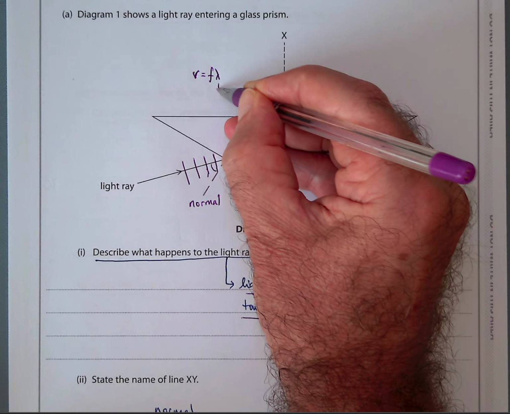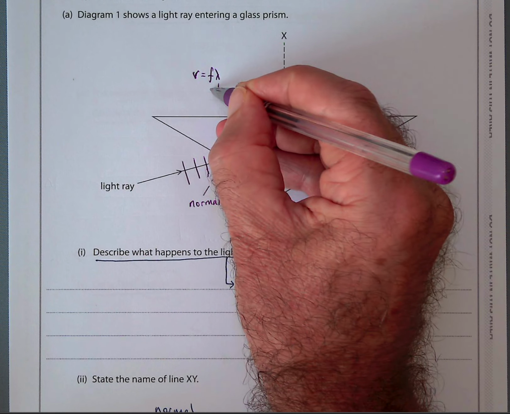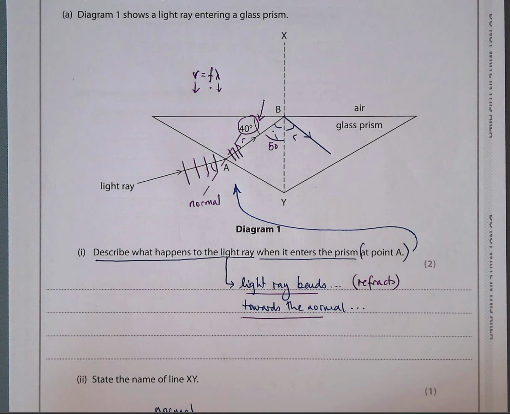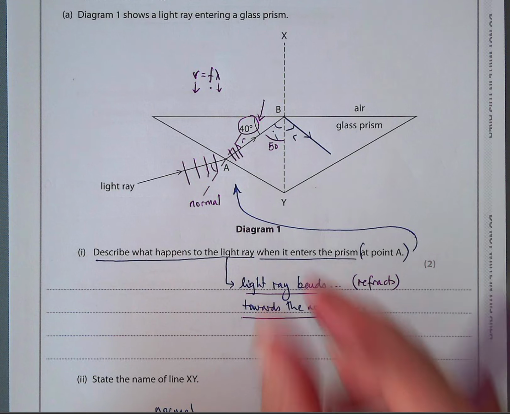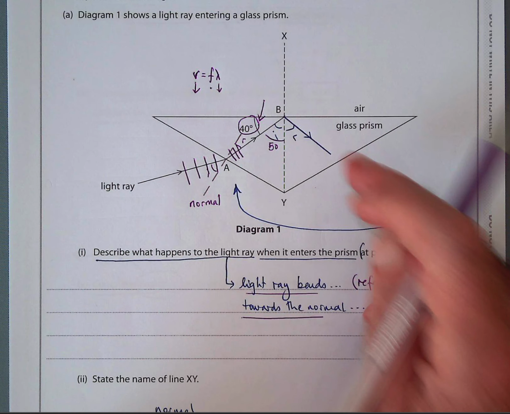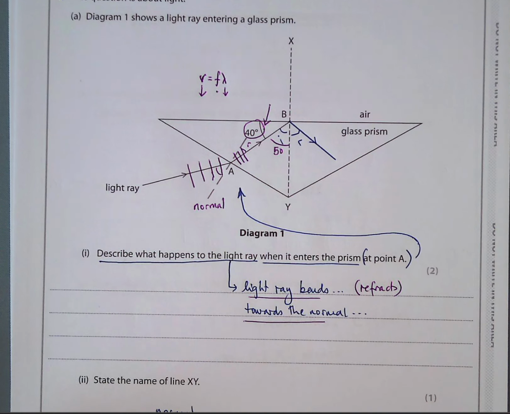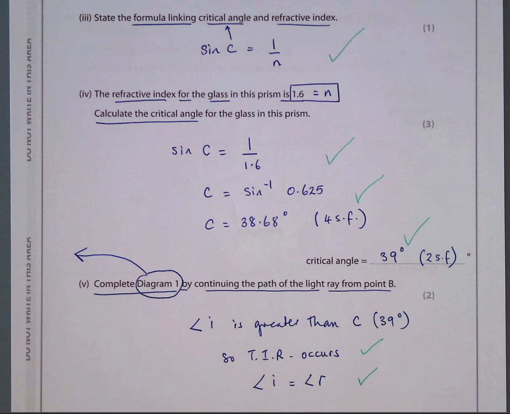If the wavelength goes down, the number of waves per second doesn't change, and this time that causes the speed to decrease. That's why they slow down. Okay, so inside the glass they'll be slower, the wavefronts will be squashed, and then same with the reflected ray there. Okay, so this is actually the next part of the next question on the next page. So we'll come back to that second diagram.